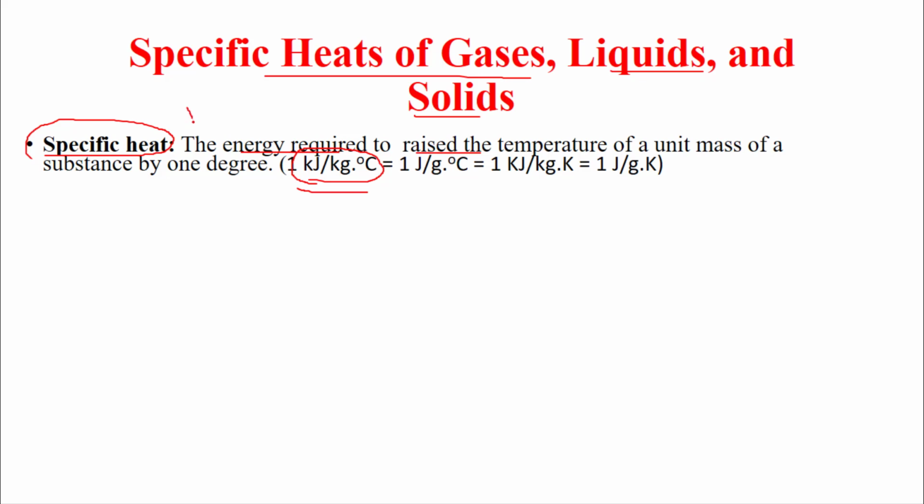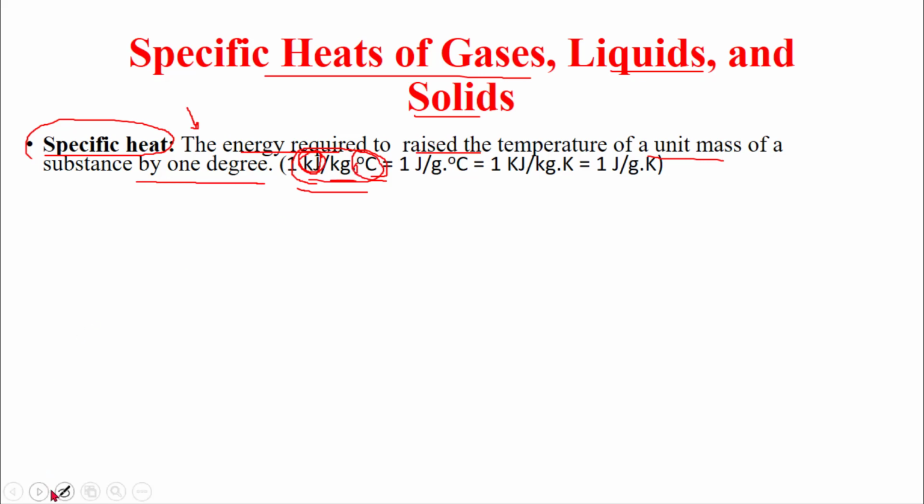In the statement of the definition, it is the energy, here is the energy, kilojoule or joule. So it is the energy required to raise the temperature of a unit mass, 1 kilogram, of a substance by 1 degree. So this is 1 degree.